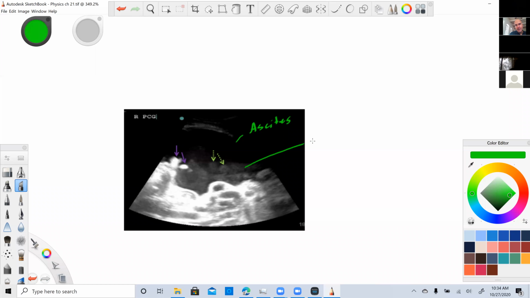This kind of artifact can be very difficult to identify. When we look at that, we could say, oh, that's just blood inside of the ascites and it's settled out.